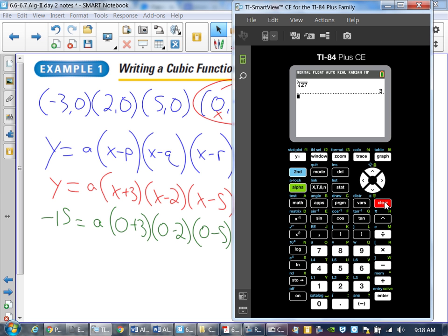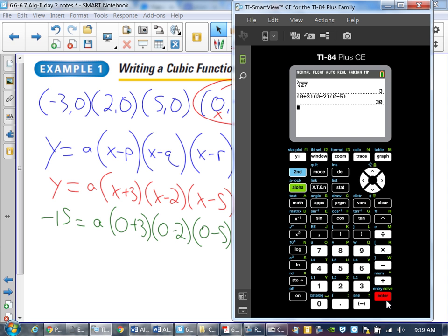So what I would do in this problem is I would do my parentheses 0 plus 3, 0 minus 2, and 0 minus 5 to take out any possibility of screwing something up. Not to say that you wouldn't, but if I put that in like that, you're going to be hard pressed to screw up. I hope.